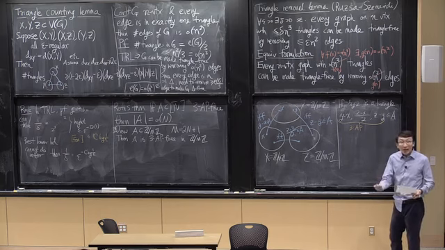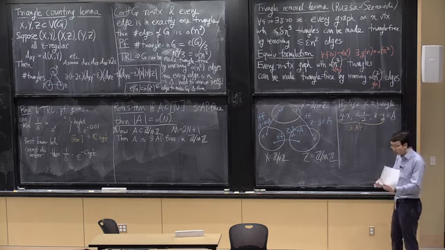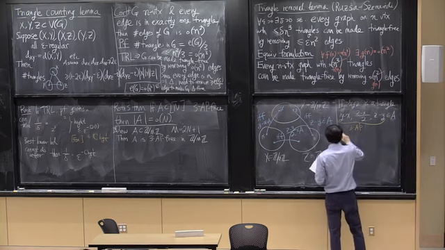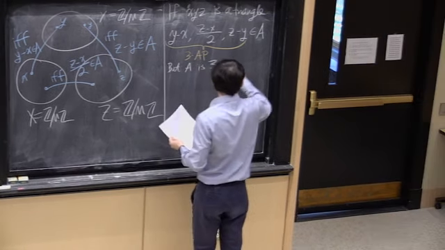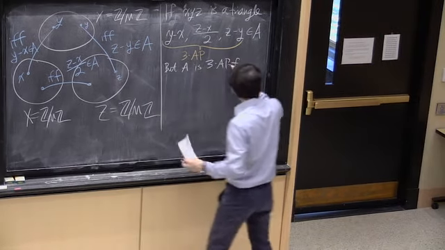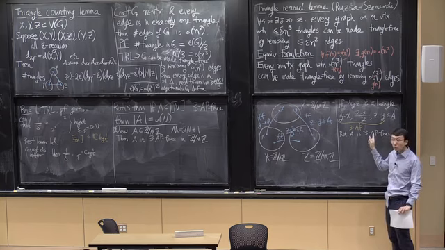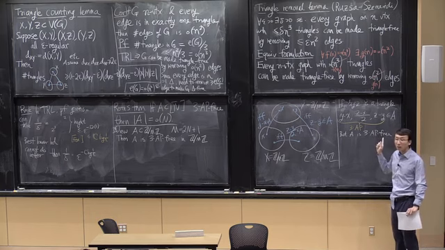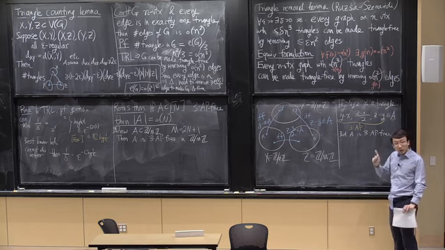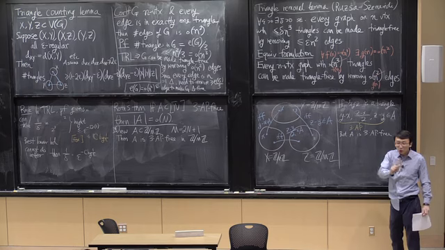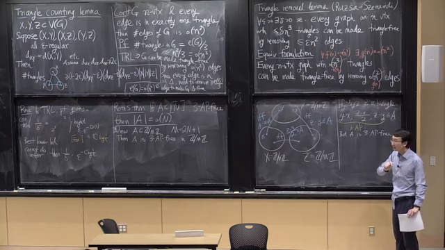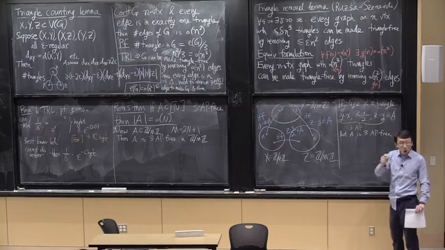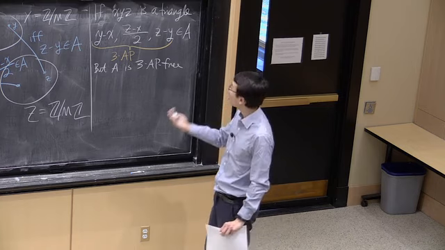Okay, but we said that A is a set that is 3AP free, has no three-term arithmetic progression. So what must be the case? Well, A is 3AP free, but you can still have 3APs using the same element 3 times. So all the three-term arithmetic progressions must be of that form.